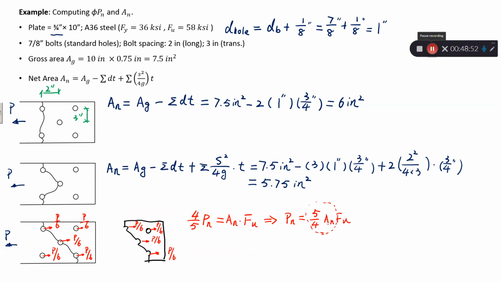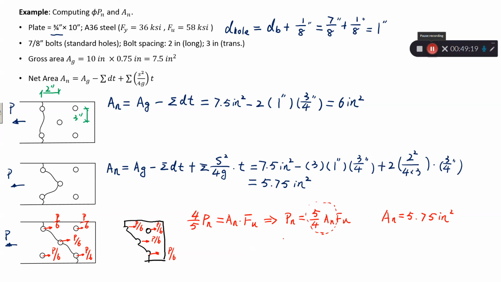Okay, so along this path, your AN will be the same. In this case, your AN is still gonna be equal to 5.75 inch squared, because along the path you still have 3 holes and 2 zigzag paths, so AN is the same, but your equivalent is 5/4.